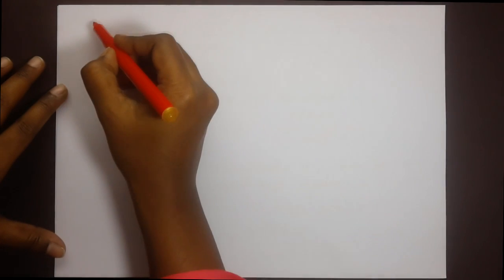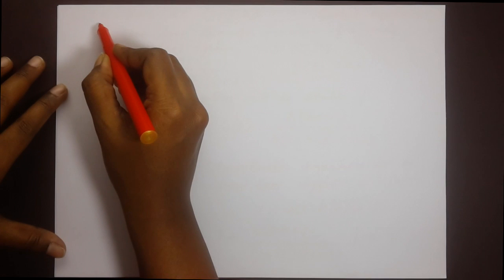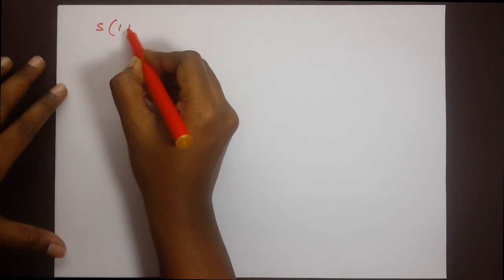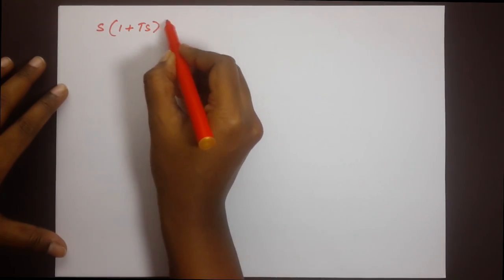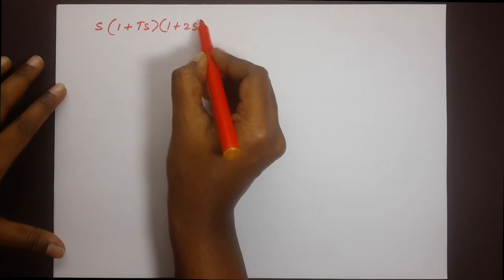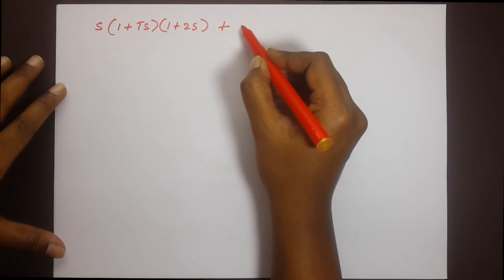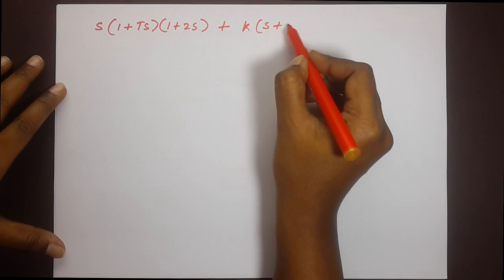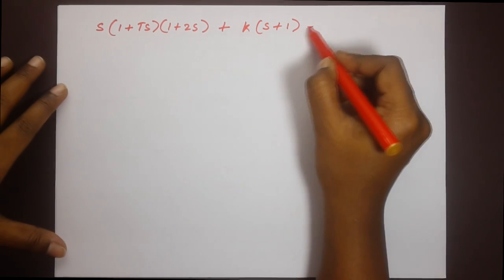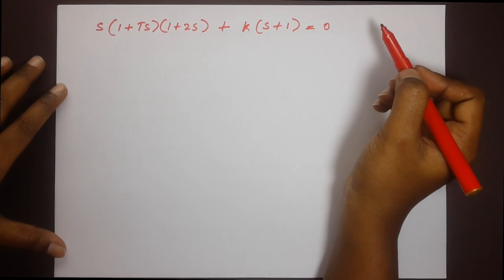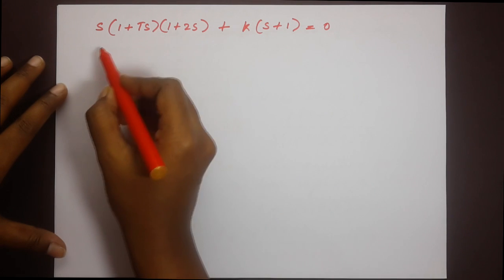When we simplify, we cross multiply and get the common denominator. So s(1 + Ts)(1 + 2s) plus the second term K(s + 1) is equal to 0. Now let's open up the brackets and multiply.